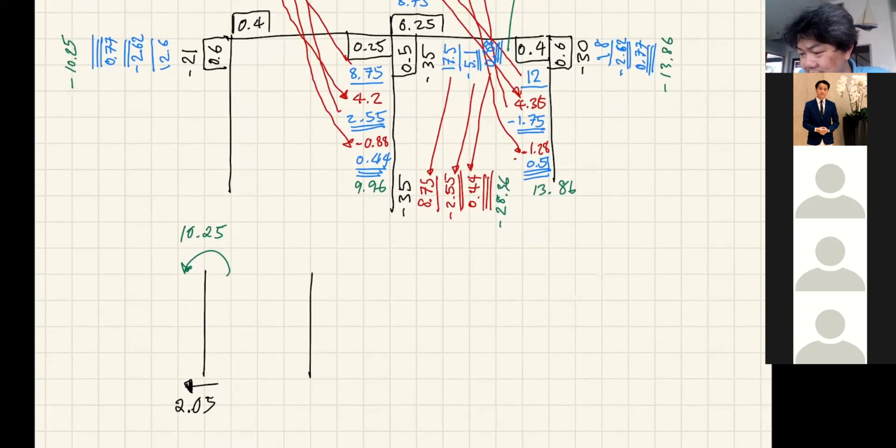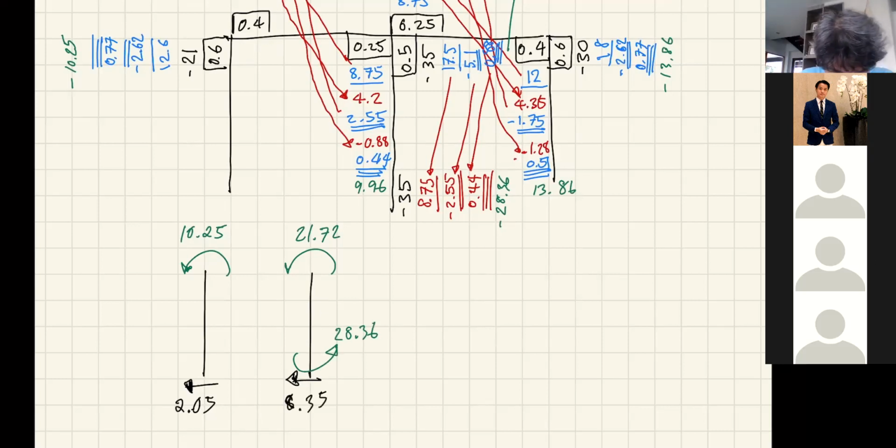It's minus, so it's counterclockwise. And the shear is in this direction again. That's 8.35. Oops, forgot that. We need to have this too. 28.36. But the answer is the same, 8.35.